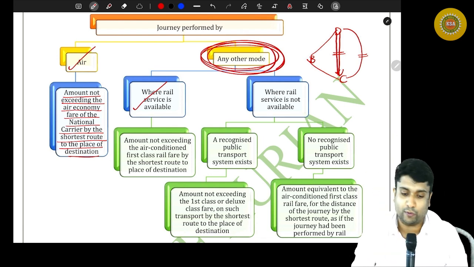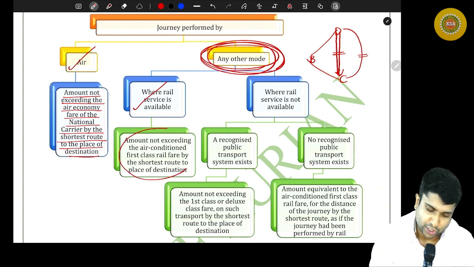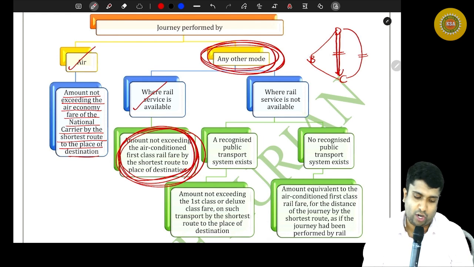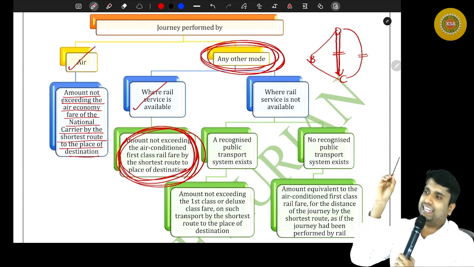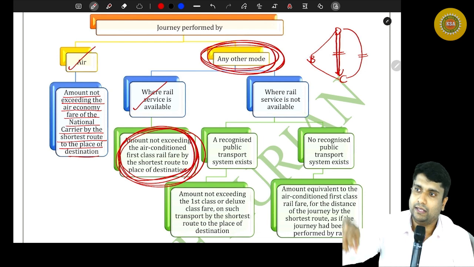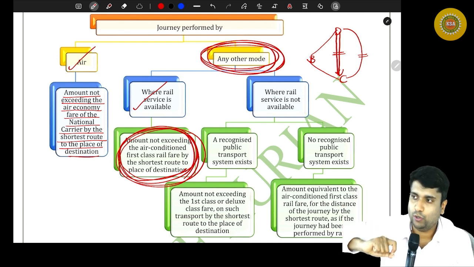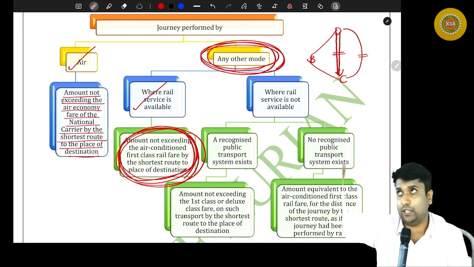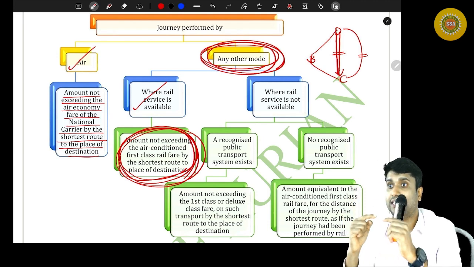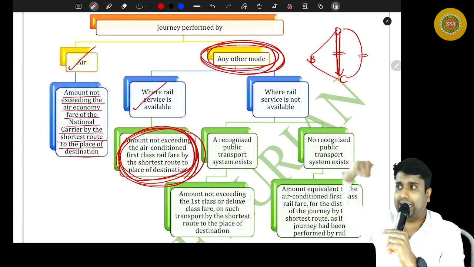Then you can take only the amount not exceeding air conditioned first class rail fare by the shortest route to the place of destination. That simply means if you performed the journey by car from Chennai to Bangalore, then to Delhi, then came back, how much is the maximum exemption? Check whether your origin and the farthest point are covered by train.